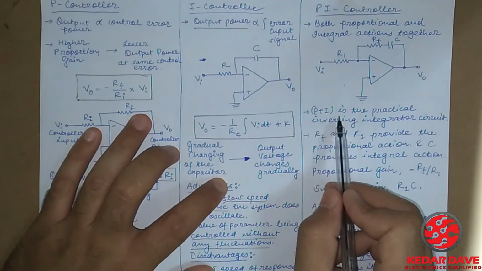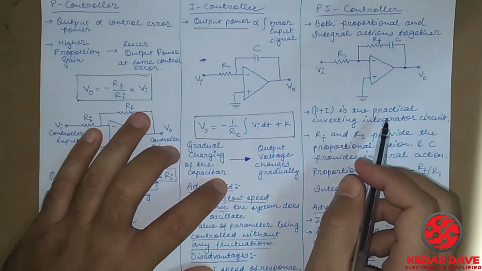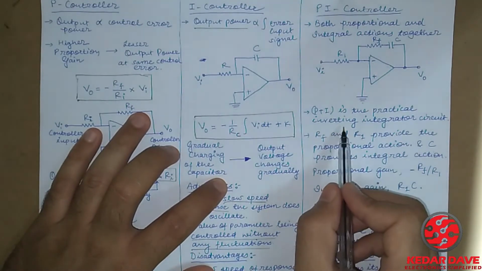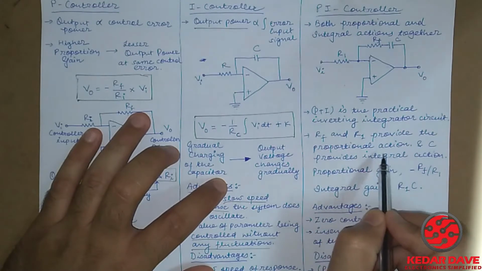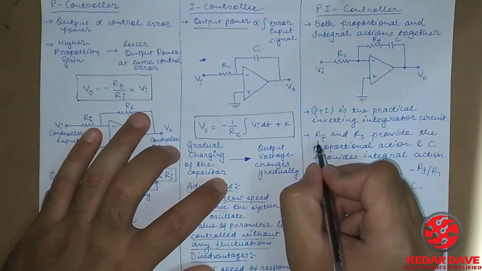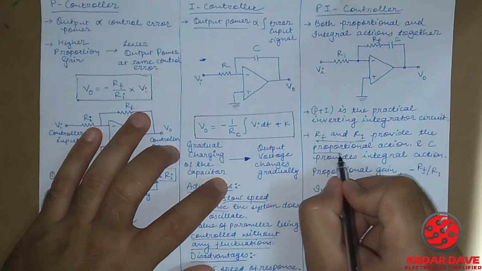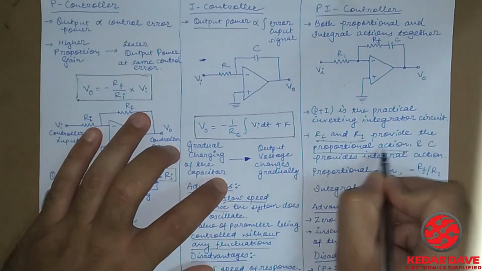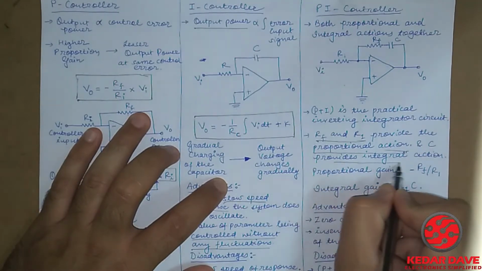Here P plus I is the practical inverting integrator circuit. In this circuit RF and R1 provide the proportional action, and C provides the integral action.